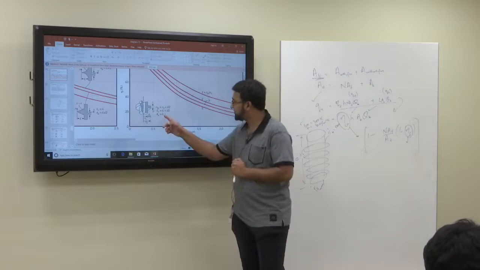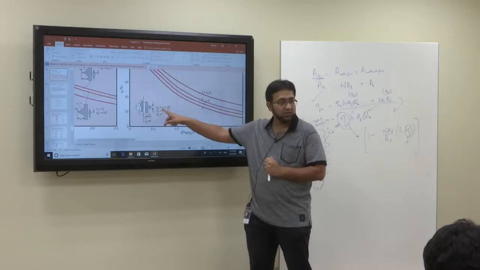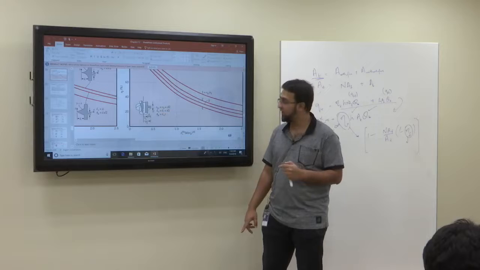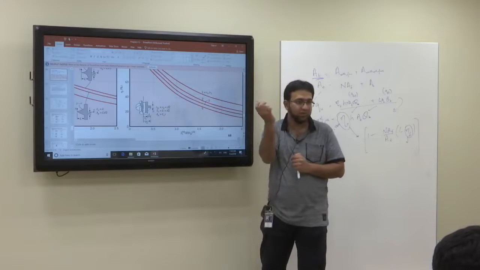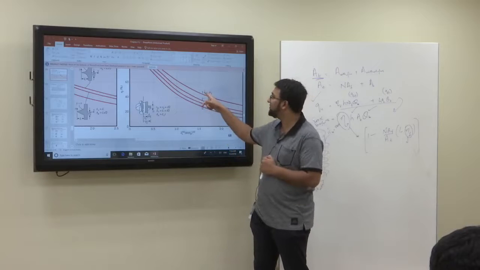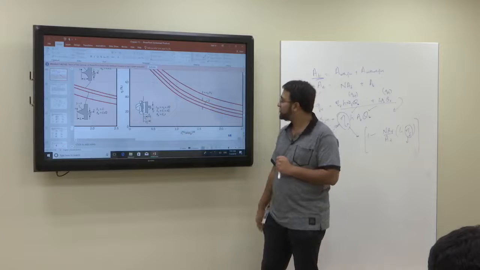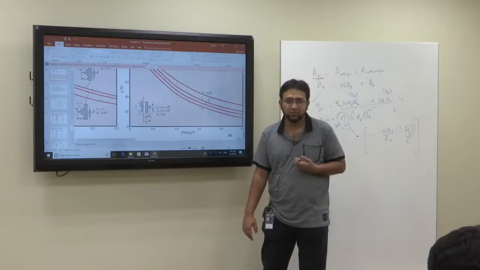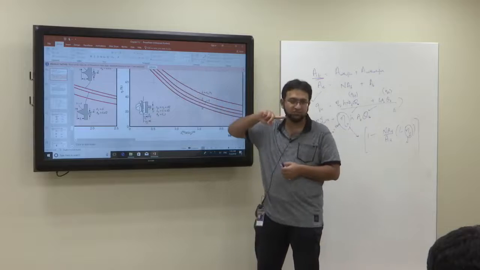Now we have r2c. Once you have r2c, then r2c divided by r1, you will get a value, and based on that value, the curves are given for 1, 2, 3, 5. Suppose your value is 1.5, then you make a curve yourself between 1 and 2.